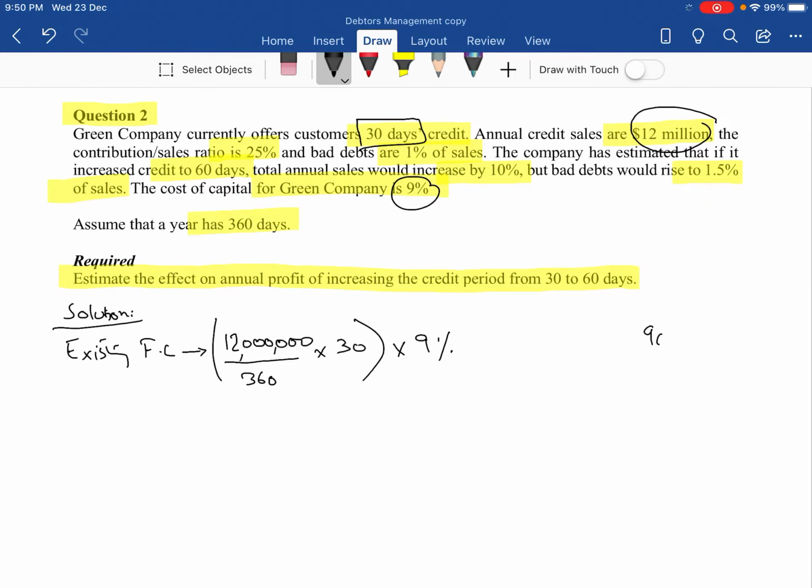So the existing finance cost will be $90,000.